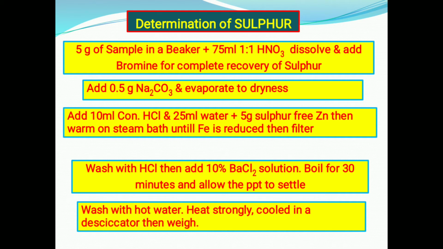After that, add 0.5 gram of sodium carbonate, then evaporate to dryness. Then add 10 ml concentrated HCl and 25 ml water, and then add 5 gram of sulfur free zinc. Then warm on a steam bath until iron is reduced, then filter it.